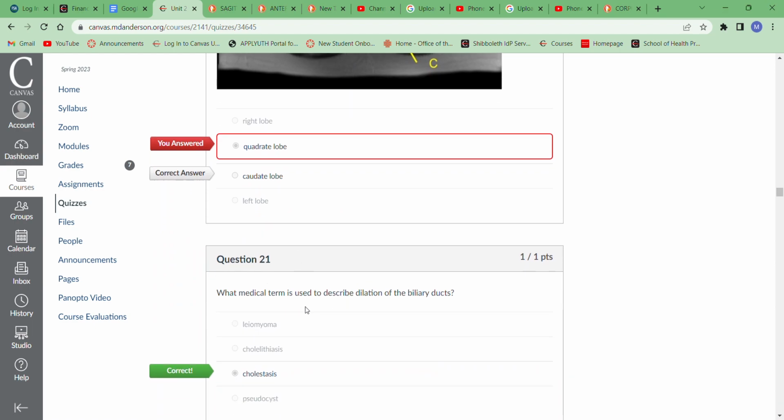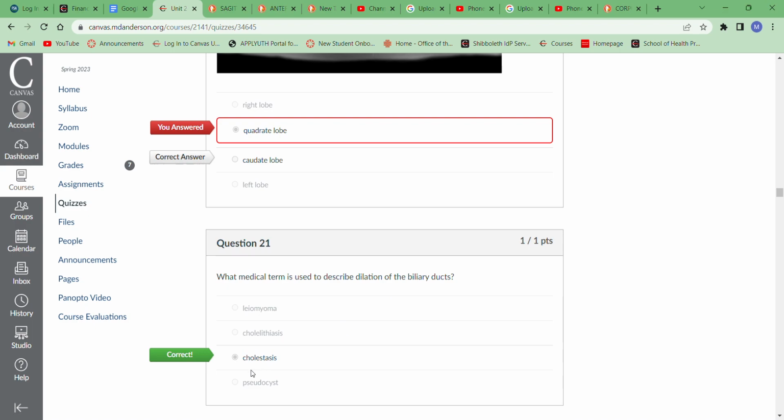What medical term is used to describe dilation of biliary ducts? Cholestasis. So I think cholestasis means that nothing's moving. The flow is not moving. Just like homeostasis, when you're in homeostasis, you're in a state of perfect balance. Nothing moves. You're perfectly at peace.